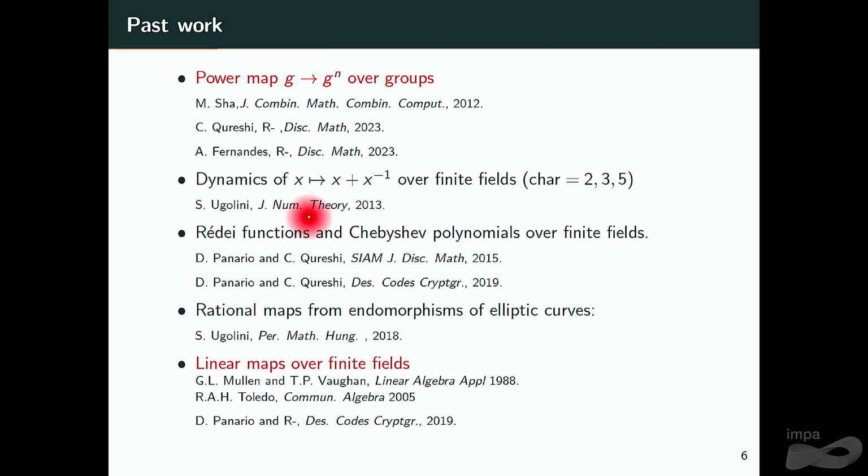We also have very specific rational maps over finite fields of characteristics 2, 3, and 5. Also, Rédei functions and Chebyshev maps over finite fields. Some rational maps arising from endomorphisms of elliptic curves over finite fields, and also linear maps.